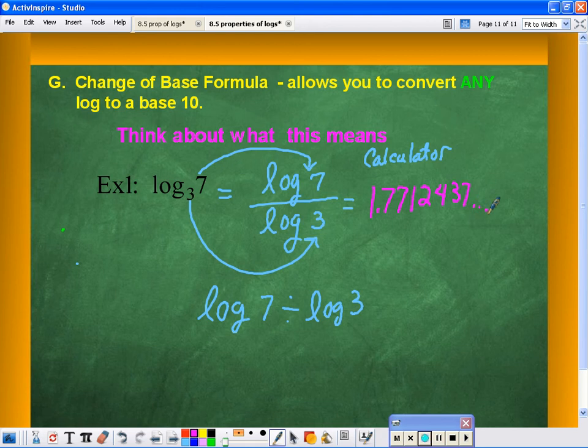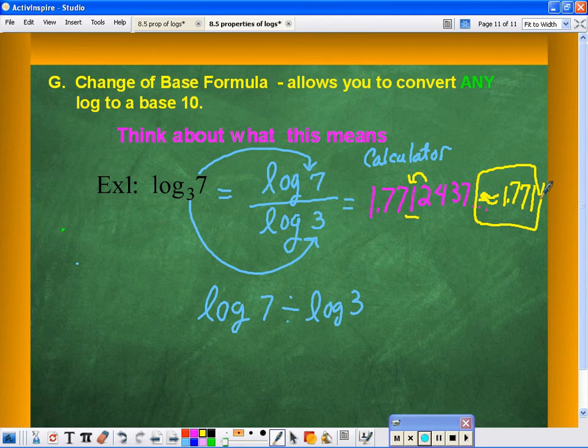In your book, they want you to round to the nearest thousandth. That's the third place value right here. So that 2 will keep that 1 right where it's at. The final answer is approximately 1.771, and that is our answer.